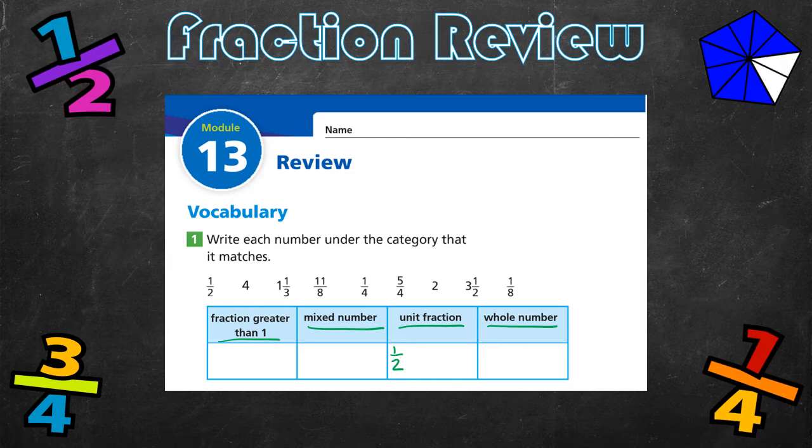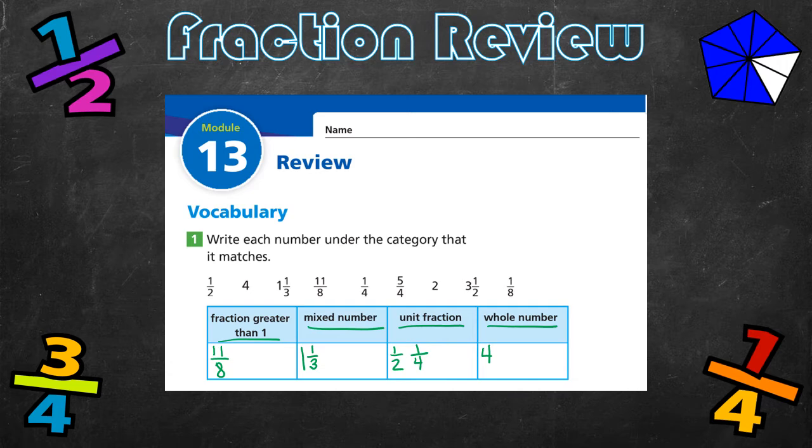The number 4 is a whole number because it doesn't have any additional parts. 1 and 1/3 is a mixed number because you're combining a whole number and a fraction. 11/8 goes in the fraction greater than 1 category because there's more parts than you need to make one whole. 1/4 goes in the unit fraction category. Again, you have 1 part in the numerator.